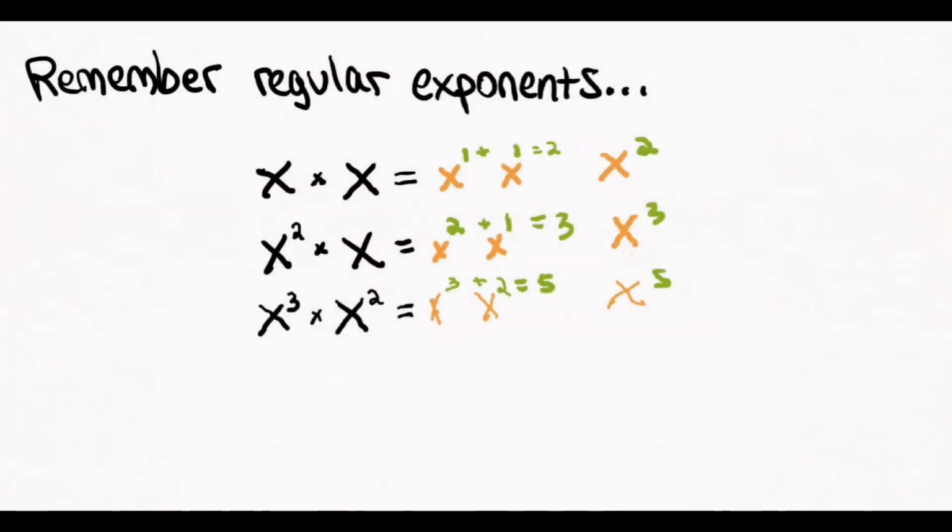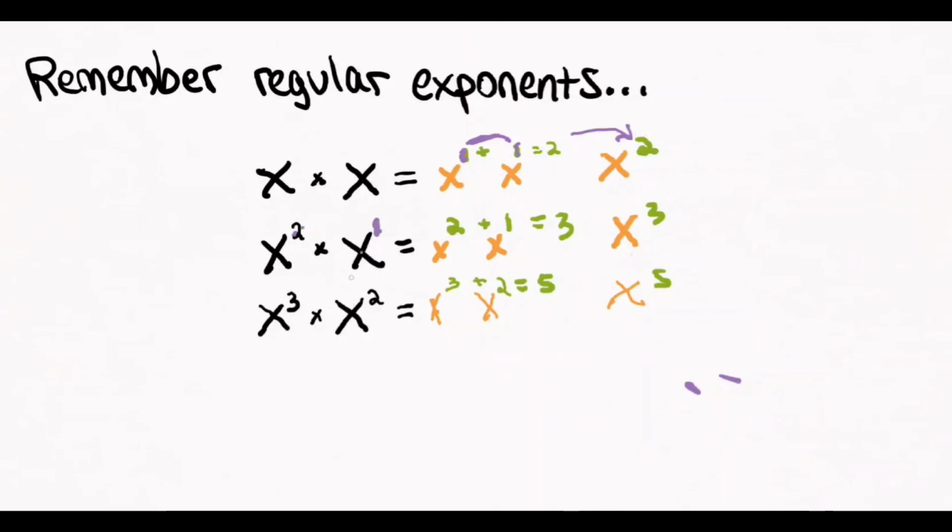Alright, now let's try the same thing again, but let's see how we can do this in a shortcut, so you don't need to draw that all out every time, because that would be a pain. So if you have x to the power of 1 times x to the power of 1, you just add up these exponents and you get 2, so that's what you're going to end up getting. If you have this x to the power of 2 times x, you're just going to add up these exponents.